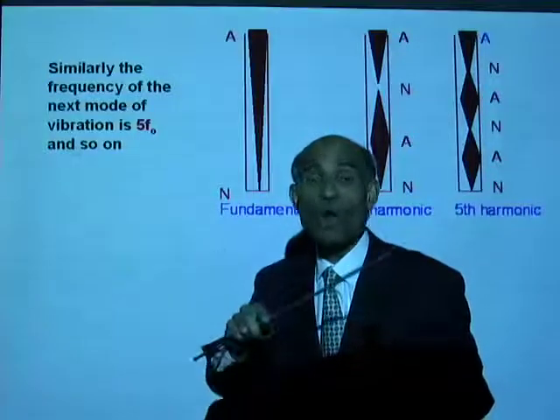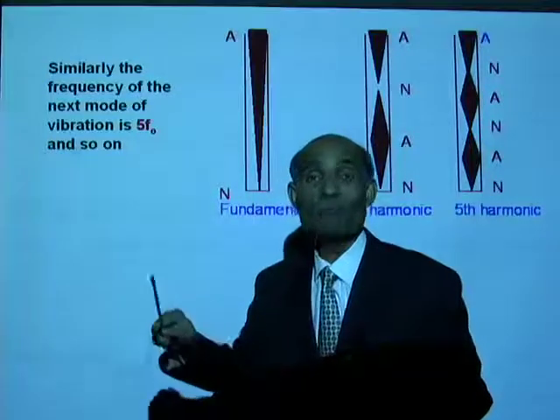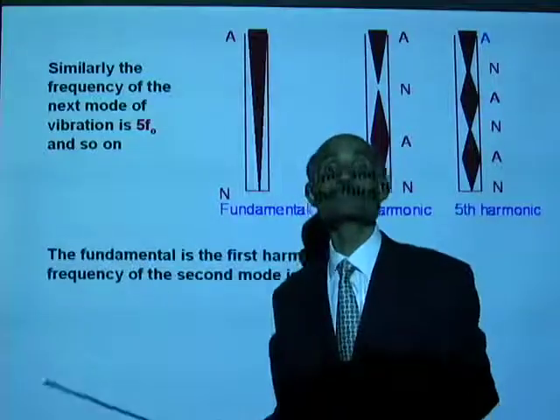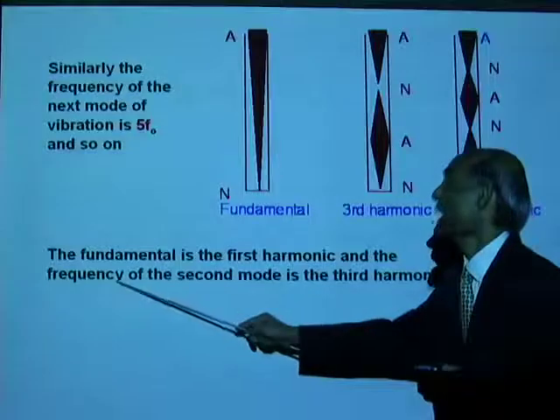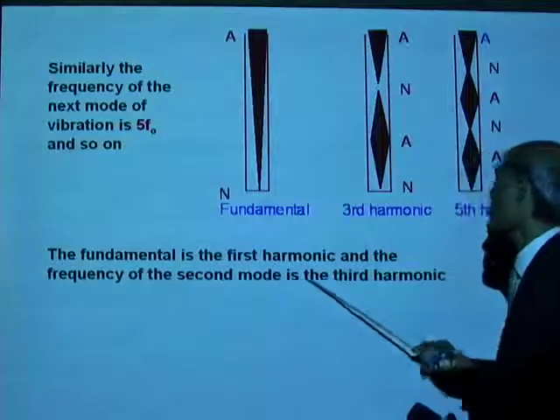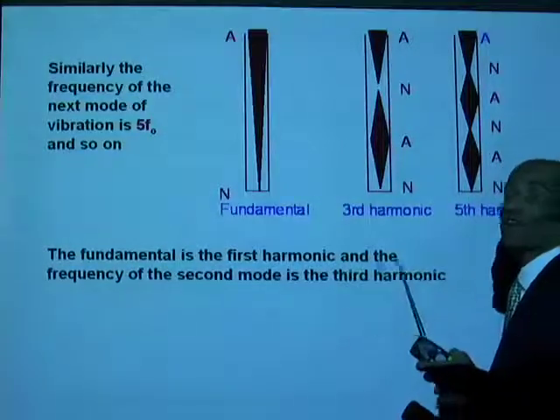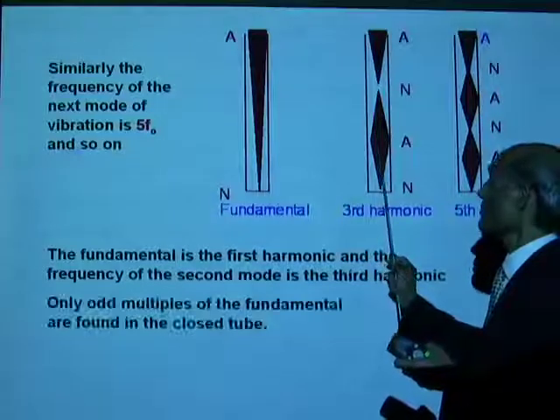It means all even harmonics are missing from a closed tube. The fundamental is the first harmonic, and the frequency of the second mode actually is the third harmonic. This is the third harmonic.